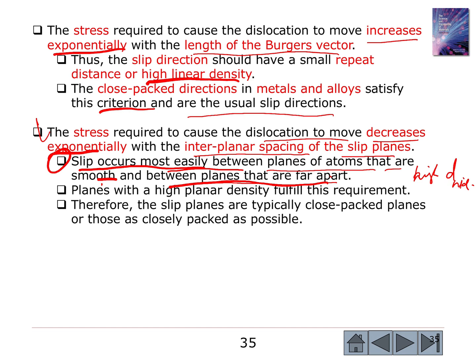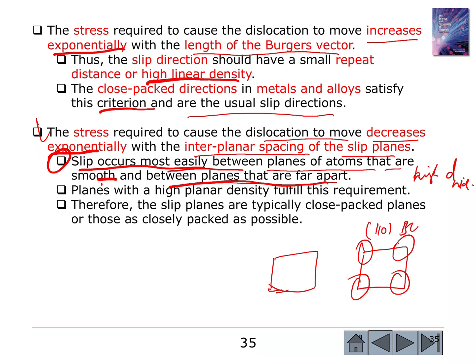What is planar density? Planar density is the number of atoms in the plane. For example, this is the 110 plane of BCC. If you draw FCC, this is the 100 plane, and this is also a 100 plane of FCC, right?